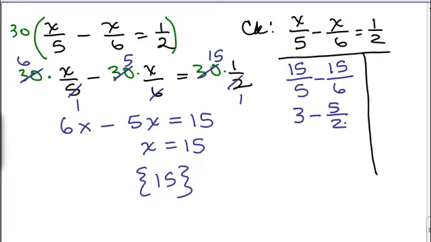Now you can get a common denominator to figure that out, or I like to think of 5/2 as 2.5, 3 minus 2.5, and that's okay to do it that way, or any way you want. Most people know 3 minus 2.5 is 1/2. So I did get the same number on both sides, which means this is the correct answer.